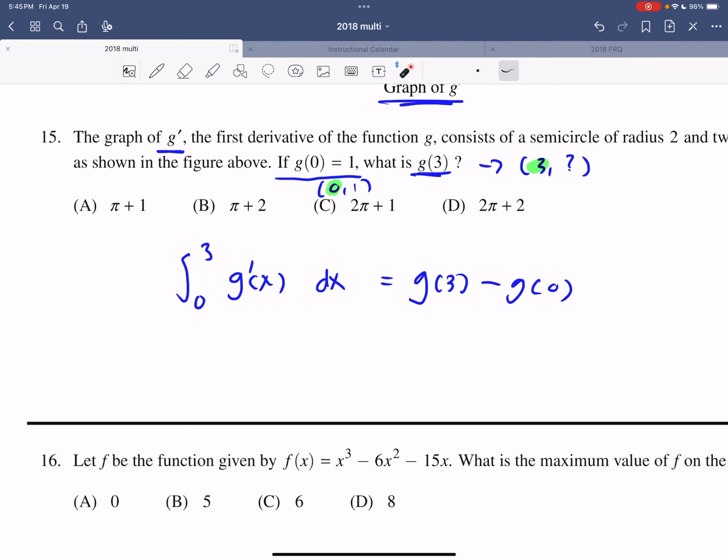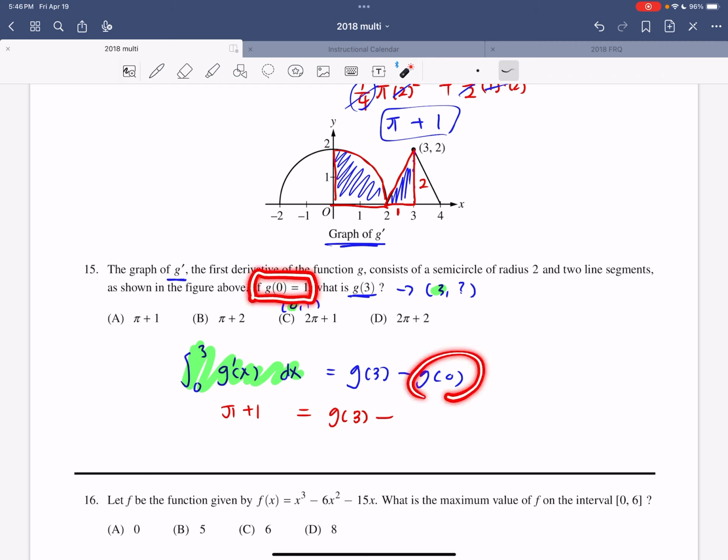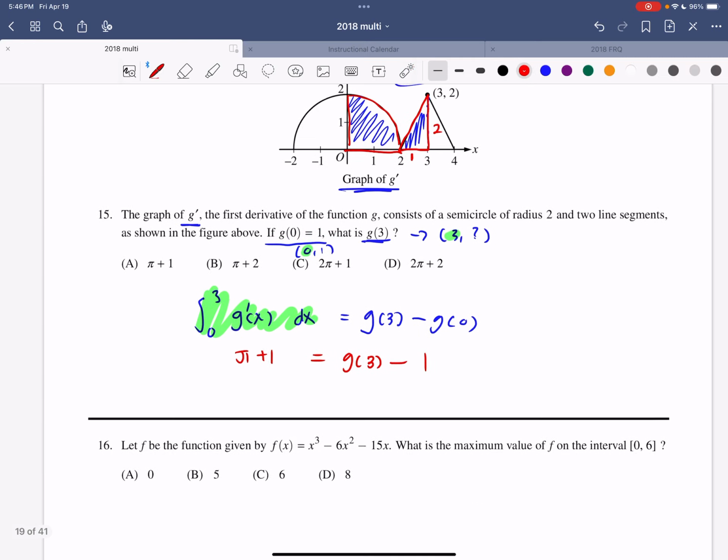So this is what I'm going to do. Watch. Instead of this, I'm going to put pi plus 1, because pi plus 1 represents this area under the curve, equal to g of 3, which we are trying to find, minus g of 0, which is already given to us. g of 0 is equal to 1, so I'm going to just put 1.